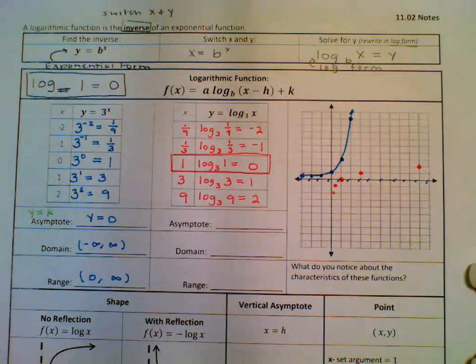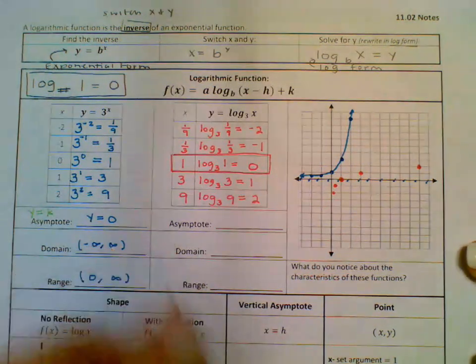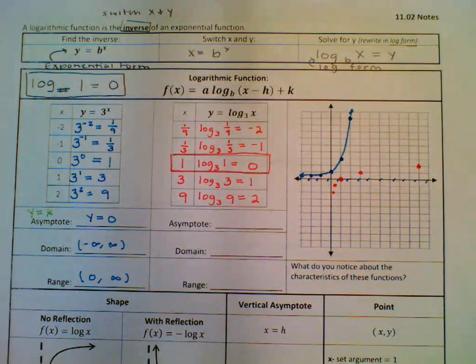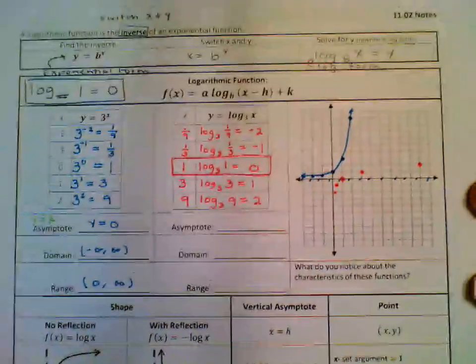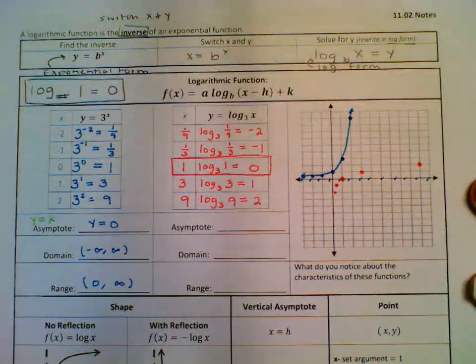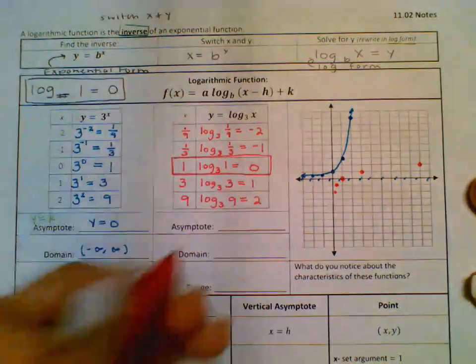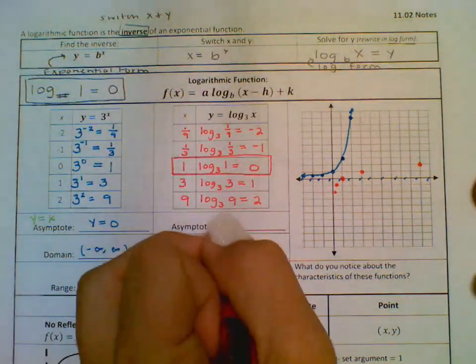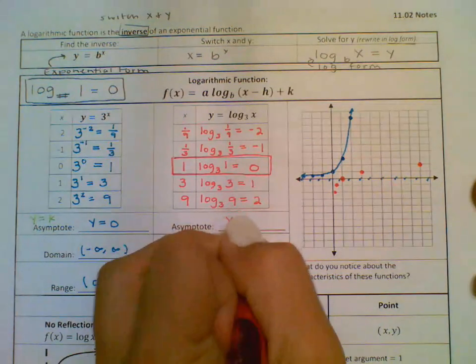Log functions are not going to have a horizontal asymptote. They are going to have a vertical asymptote. In this case, the idea with logs is that the argument can never be negative, so the asymptote is going to be x equals 0.